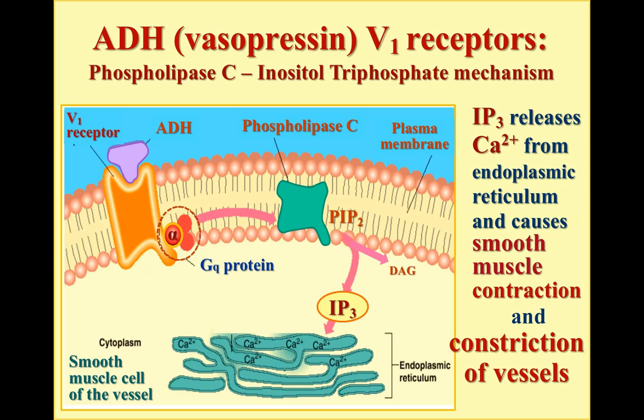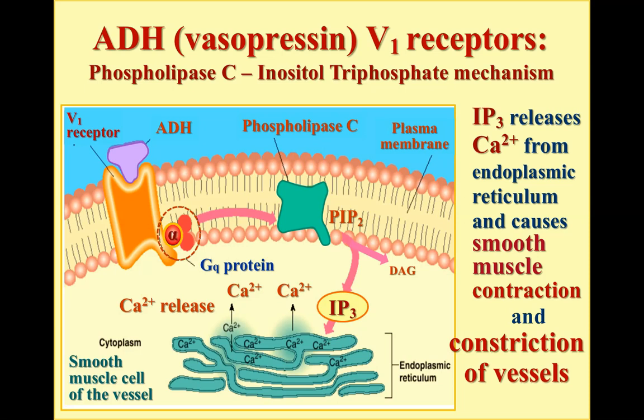So when it binds, it opens the channels and calcium is released into the cytoplasm, where, as you remember, calcium binds to calmodulin, and the calcium-calmodulin complex activates myosin light chain kinase, which in turn phosphorylates the myosin heads, and it finally initiates the process of contraction, or in most cases not simply initiates but increases the degree of smooth muscle contraction in a vascular wall.